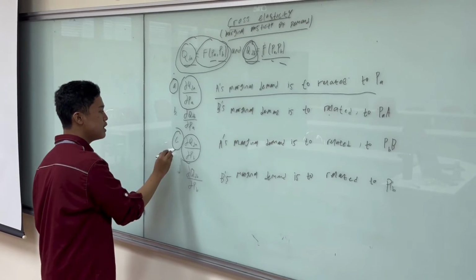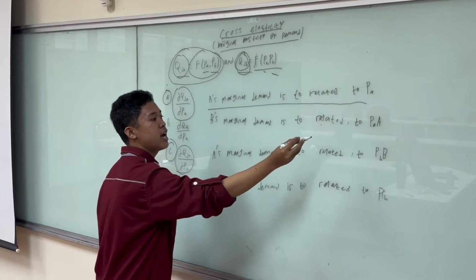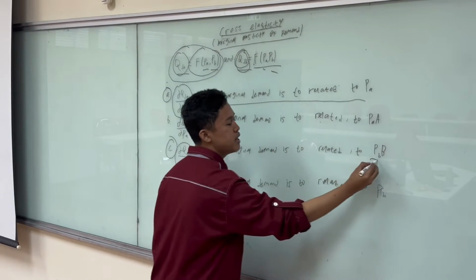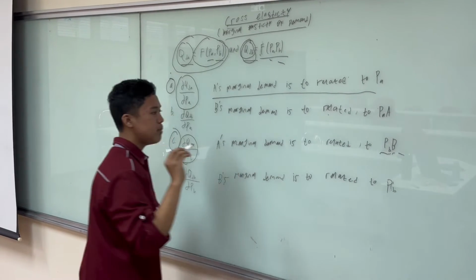But in C, A's marginal demand is related to PB, the price of B and the product of B.